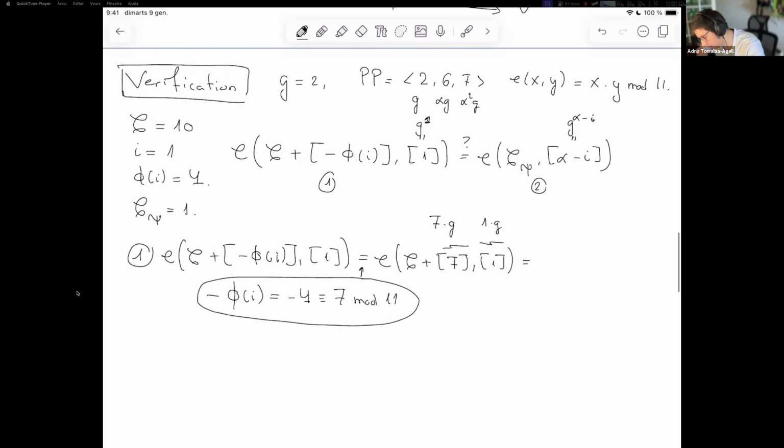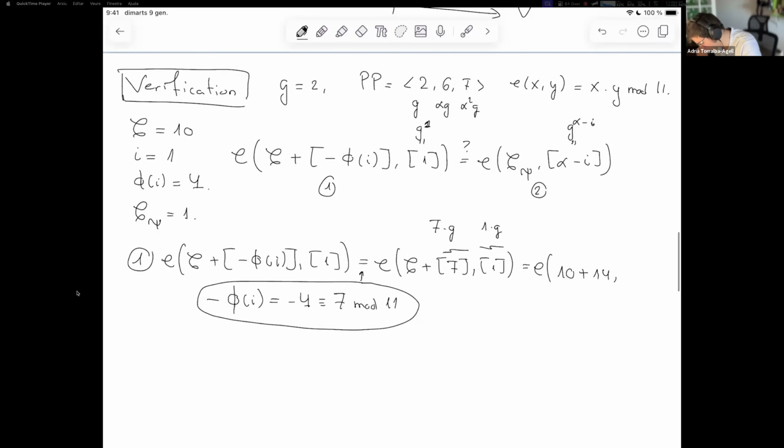Because it's easier. So with this, we have E of the C, which is 10, plus, as you said, 7 times 2 is 14, comma, 1 times G is 2. So this is E of 24, 2, right? Yeah. And our definition of the pairing is E of x and y is x times y.